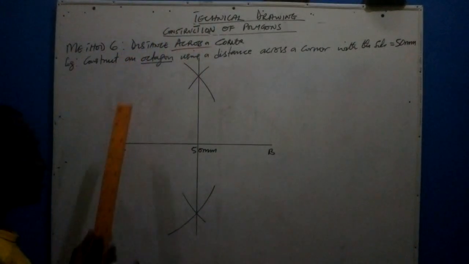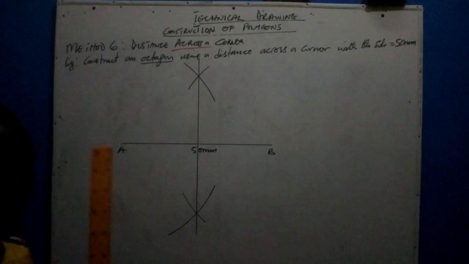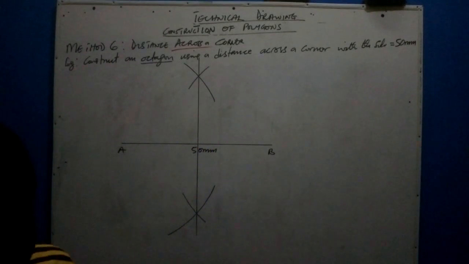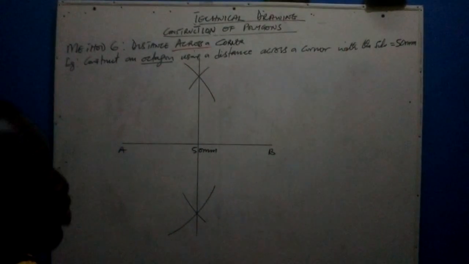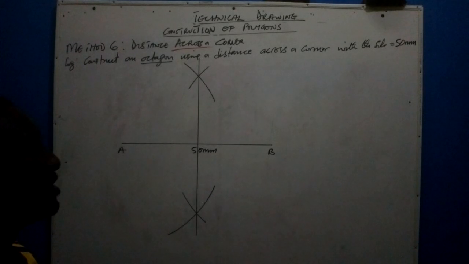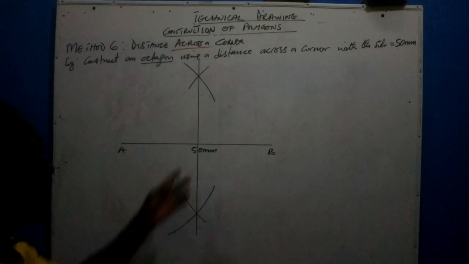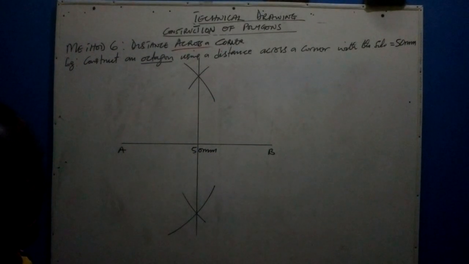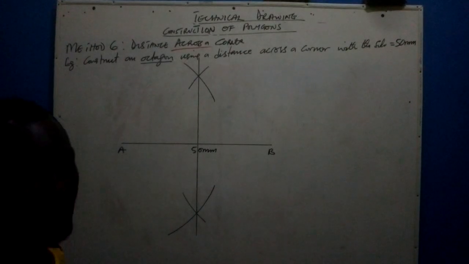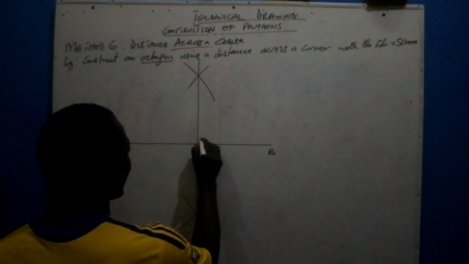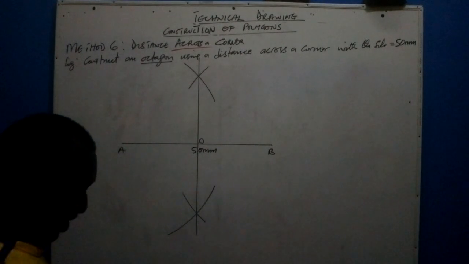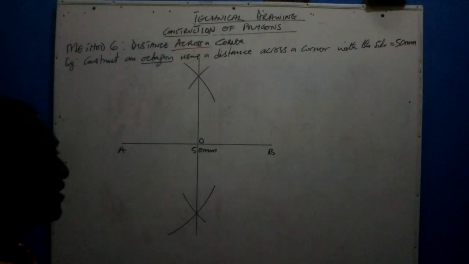All that I'm doing are faint works. You use your 2H pencil in doing that. Then after I've located my center, I can name it O, because it's a circle. Then I'll use it to draw my circle.